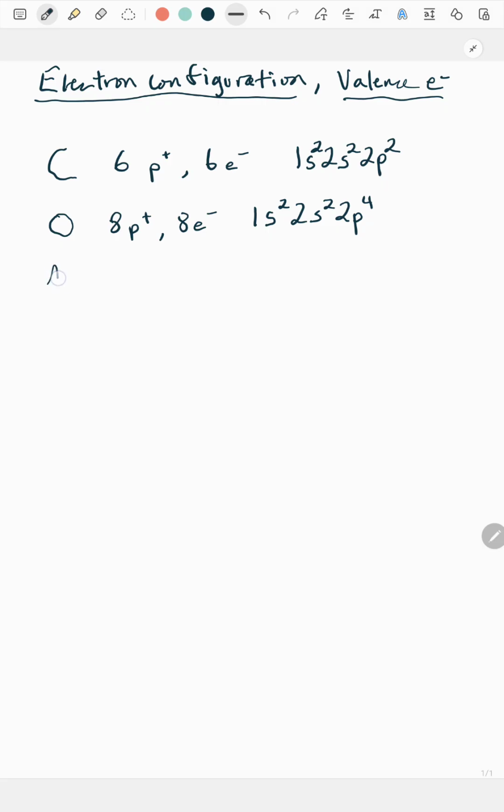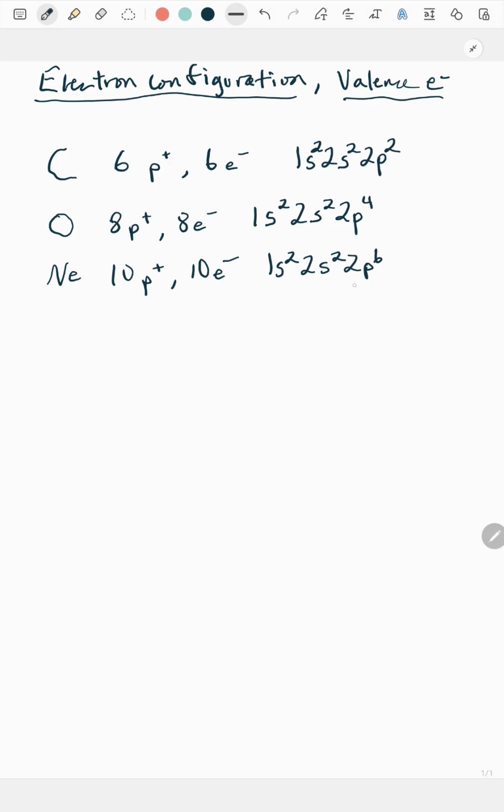Similarly, neon, in the same row or period, has 10 protons, so 10 electrons. So we have 1s2, 2s2, 2p6.